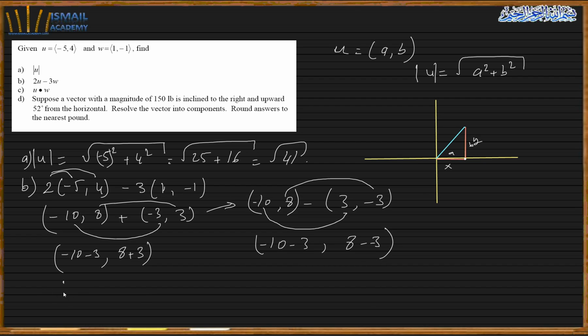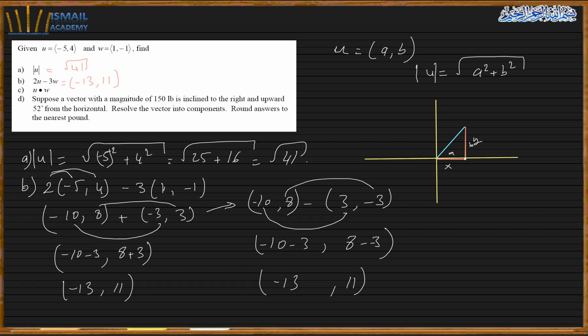Here I will have minus 13, 11. Minus 3 minus must become positive, so it's going to be 11. So this will be my second answer here. We put the first one here, square root of 41. Second one will be minus 13, 11.